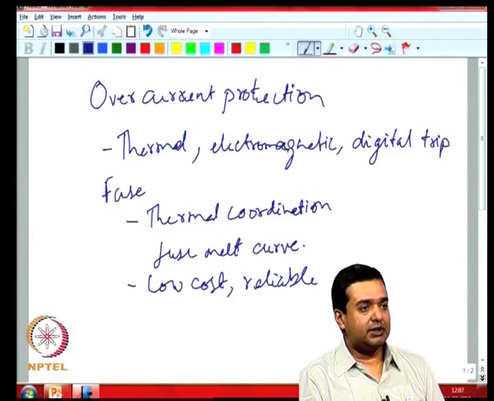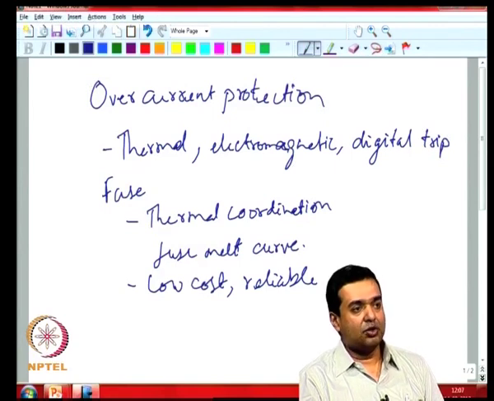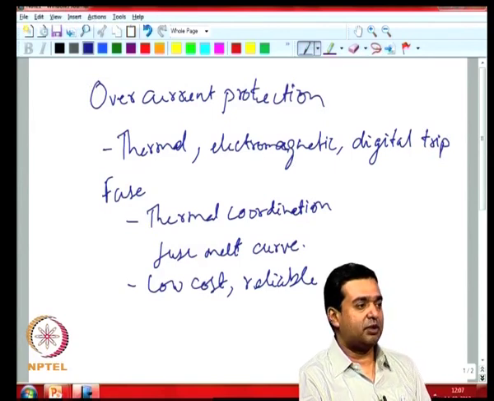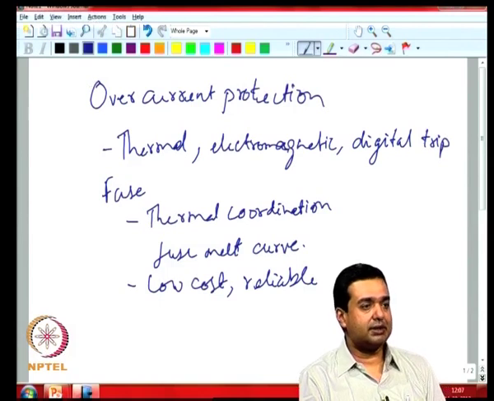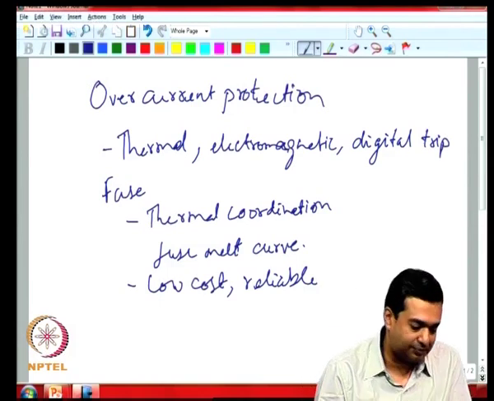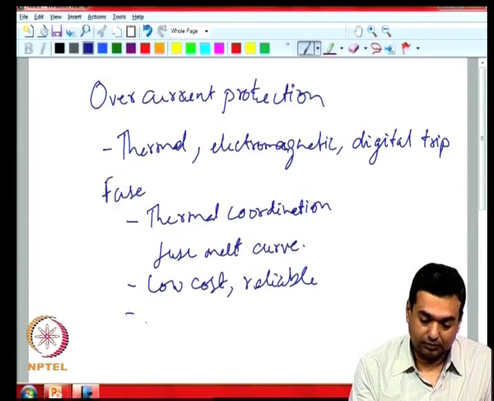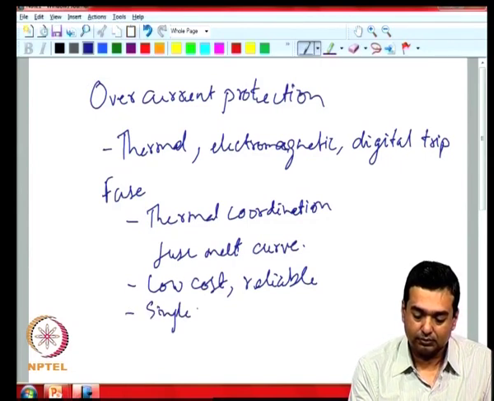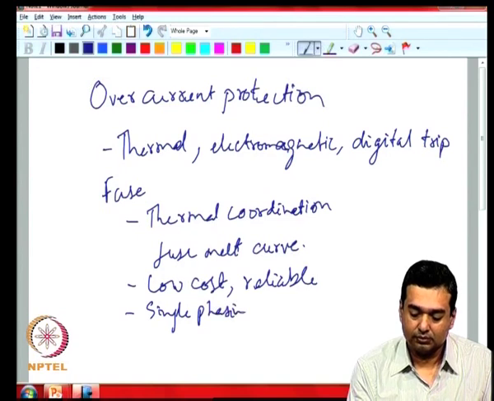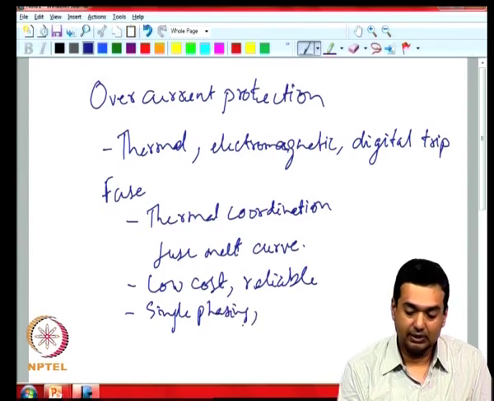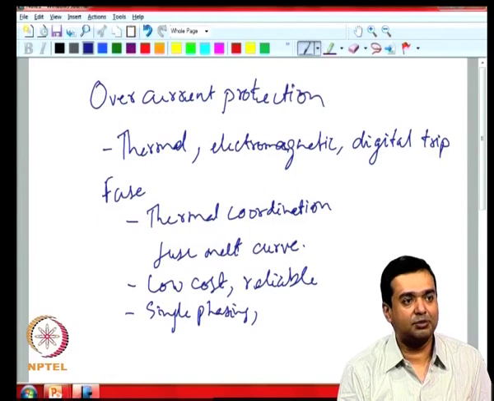You might end up with situations where some loads could potentially face problems when you have fuses as the only protective devices. Single phasing is a concern, and every time a fuse blows it has to be replaced.